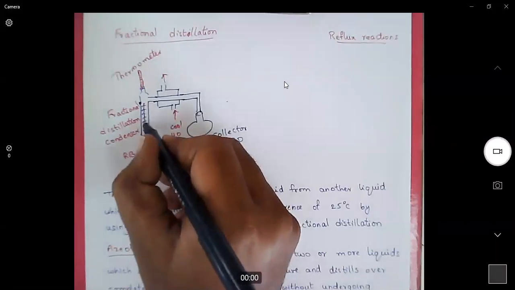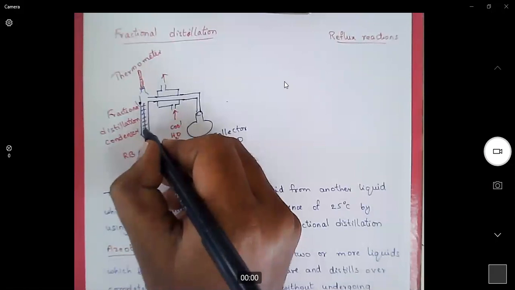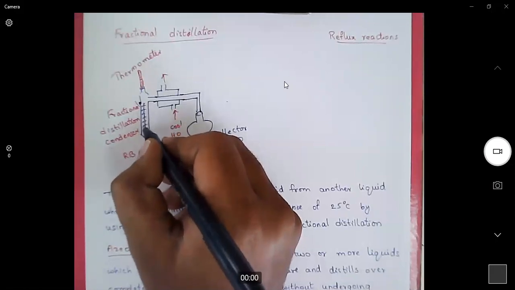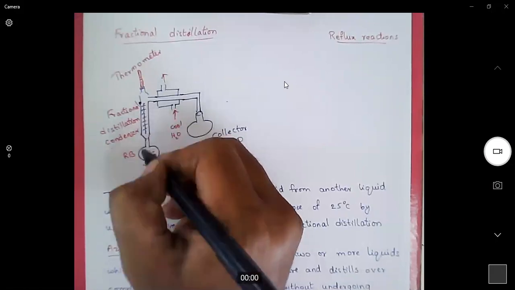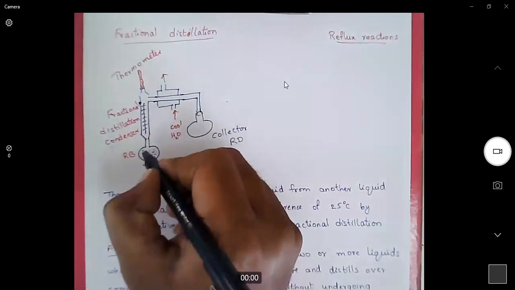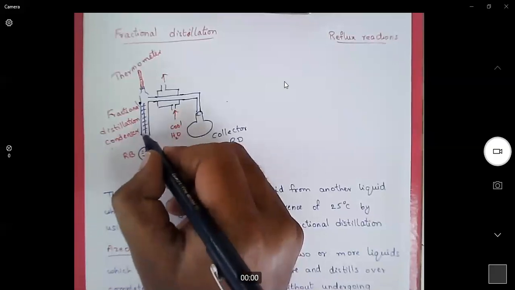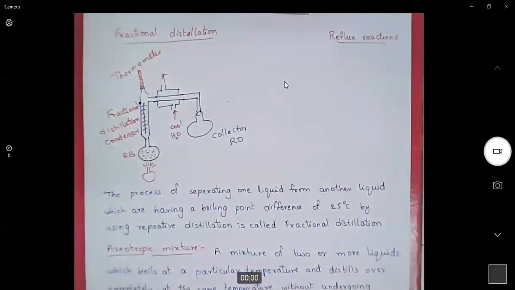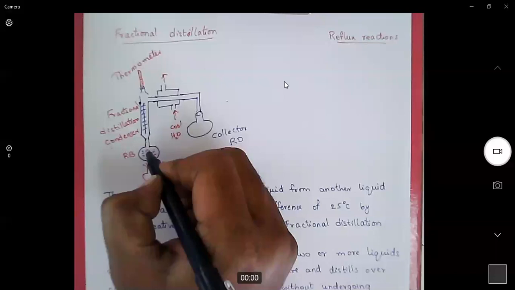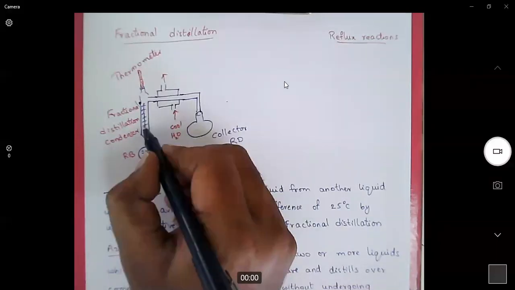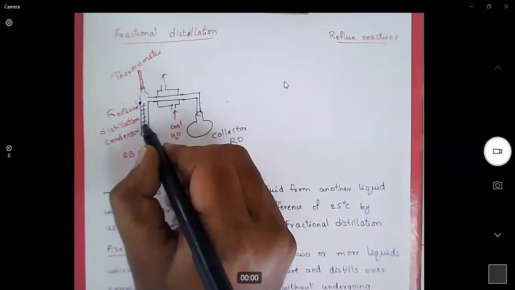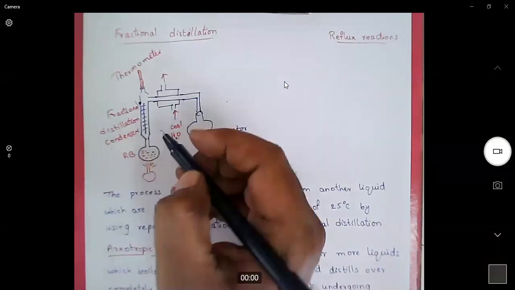Now this column has additional glass tubes. When this vapor touches this column, it will easily condense.